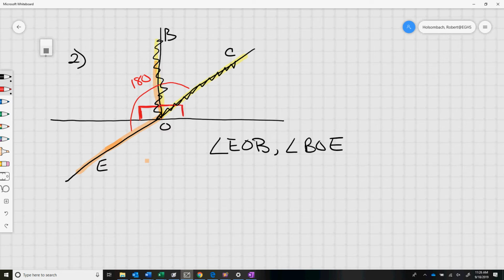And something that's complementary to COB would be this angle right here, which is COD. Alright, so number 3 would be COD or DOC. Those two together sum 90 degrees.